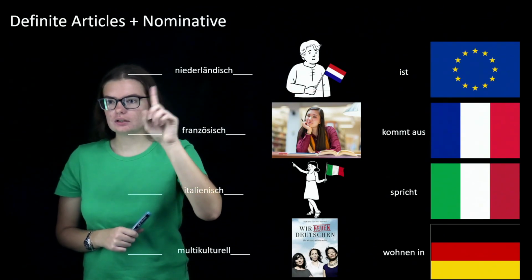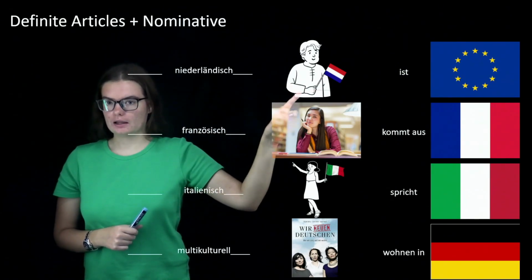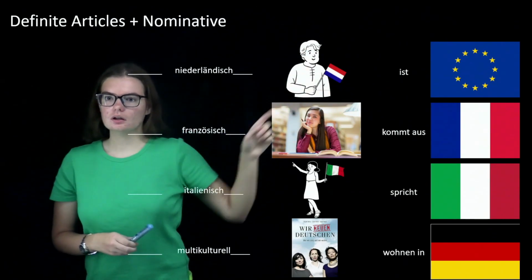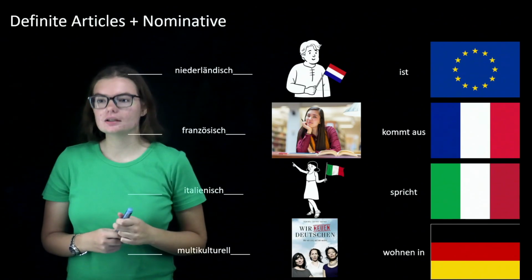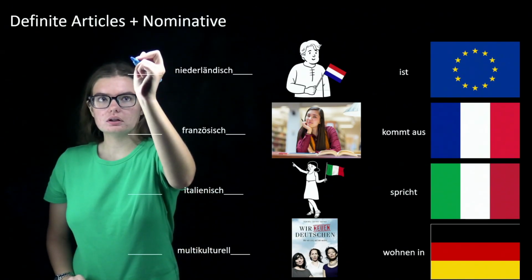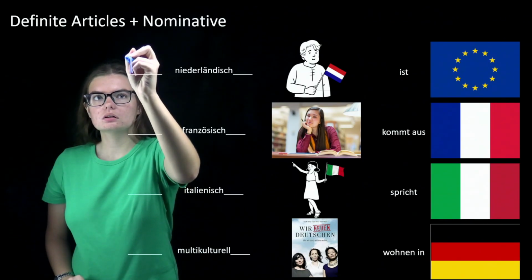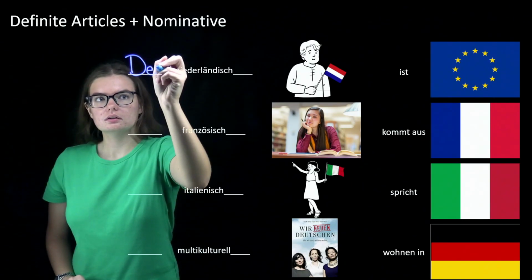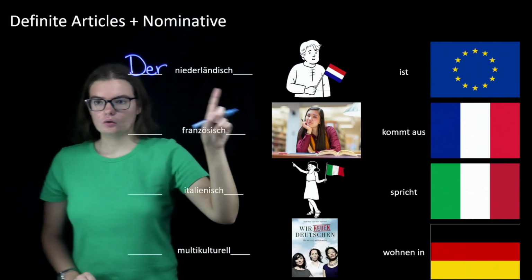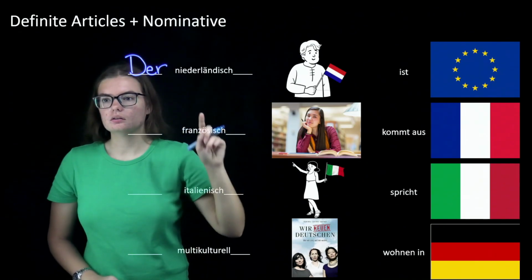So, with our first sentence, the Dutch man is European, we have man. Man ist maskulin, and the masculine definite article is going to be der. And then we need an adjective ending.